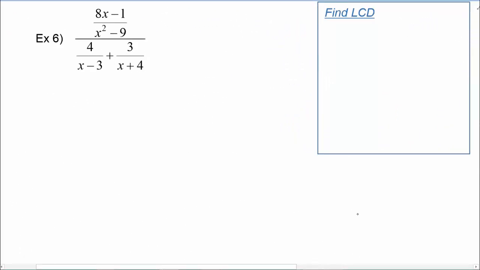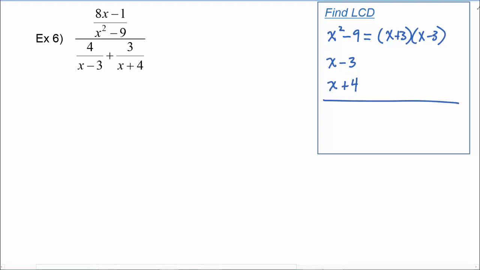Now in example 6, we see our three denominators are x squared minus 9, x minus 3, and x plus 4. Now x squared minus 9 is the only one that can be factored, and it becomes x plus 3 times x minus 3.